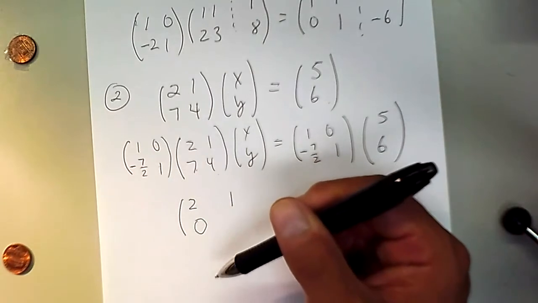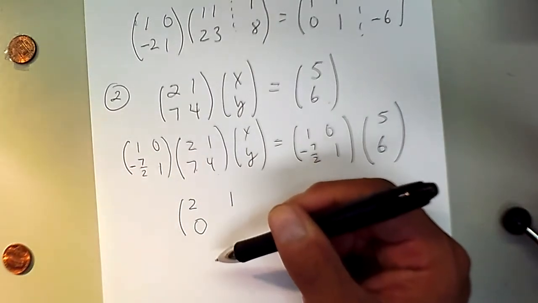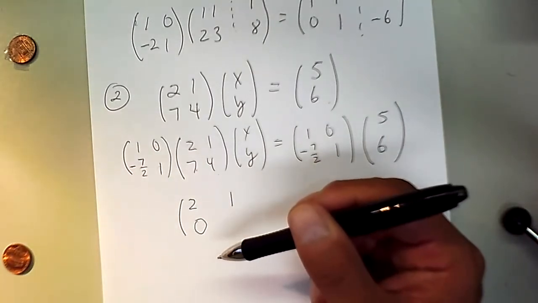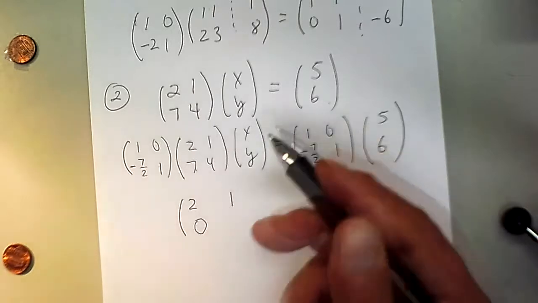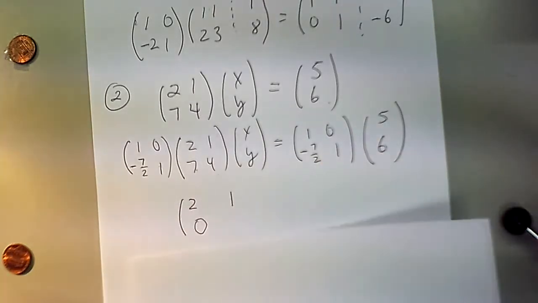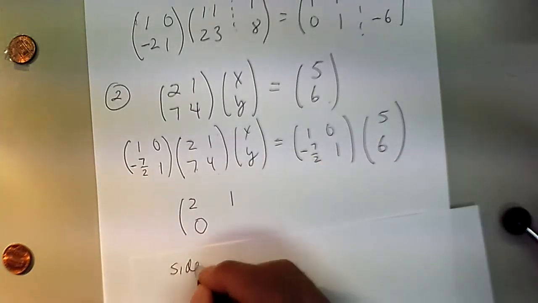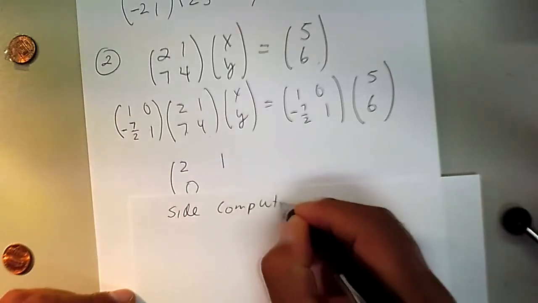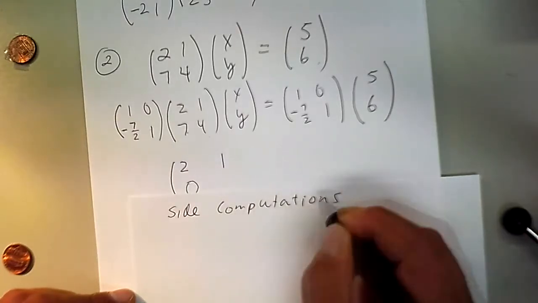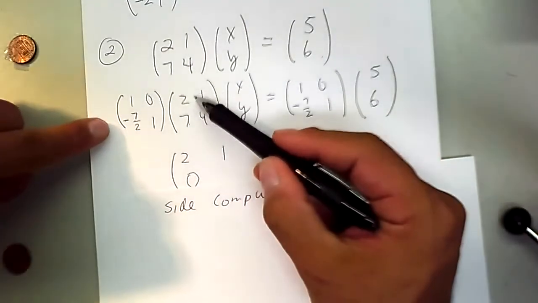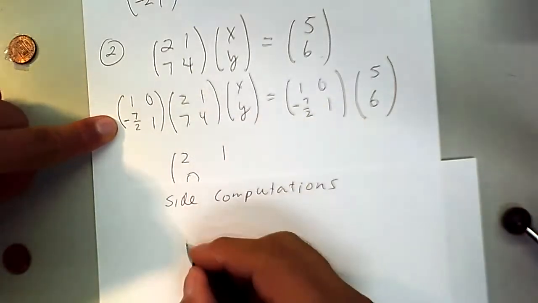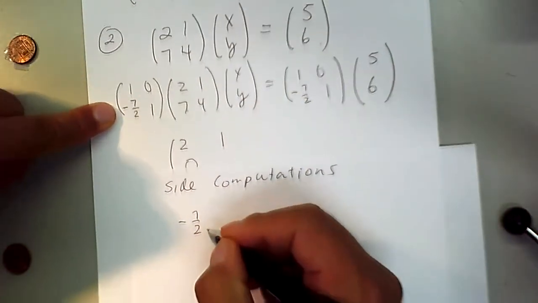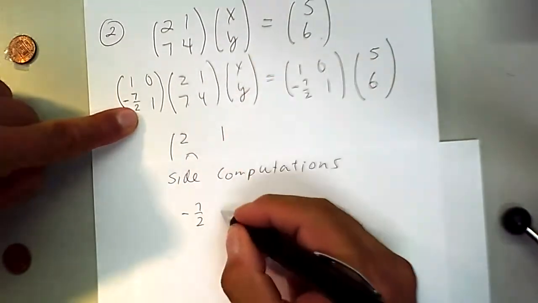I'm going to do that computation on a different piece of paper. I guess I'm going to start putting together a little bit of side work, side computations. Again, negative 7 over 2 plus 4.